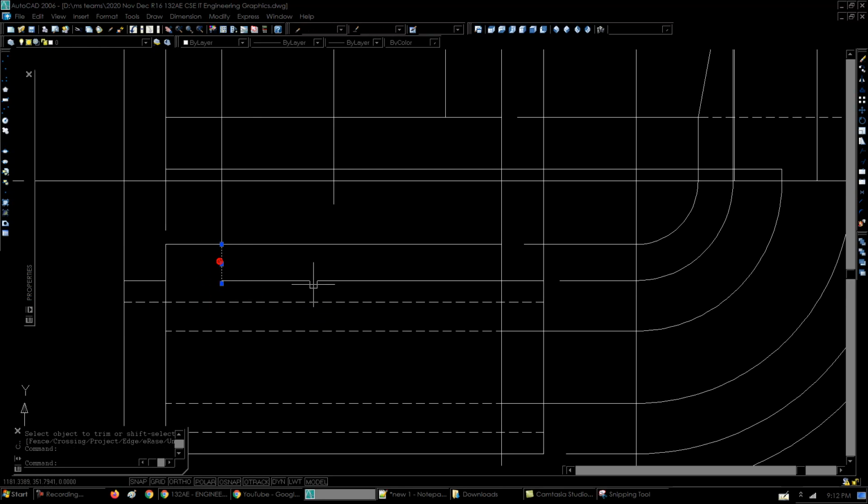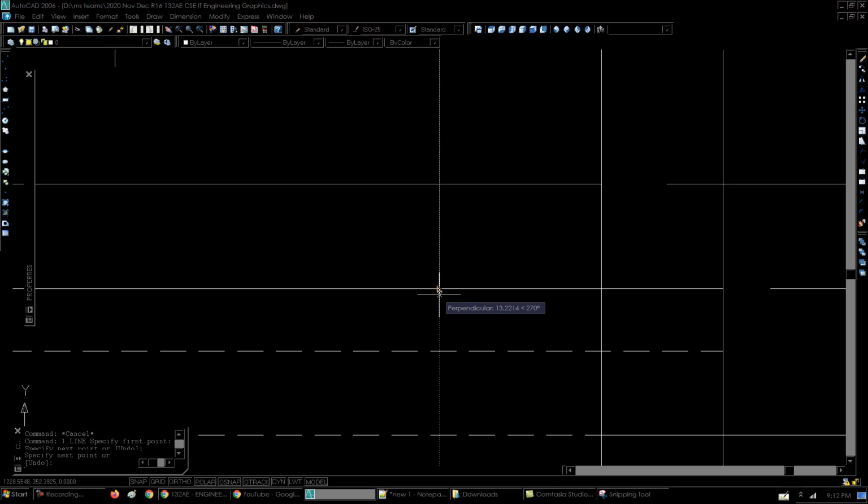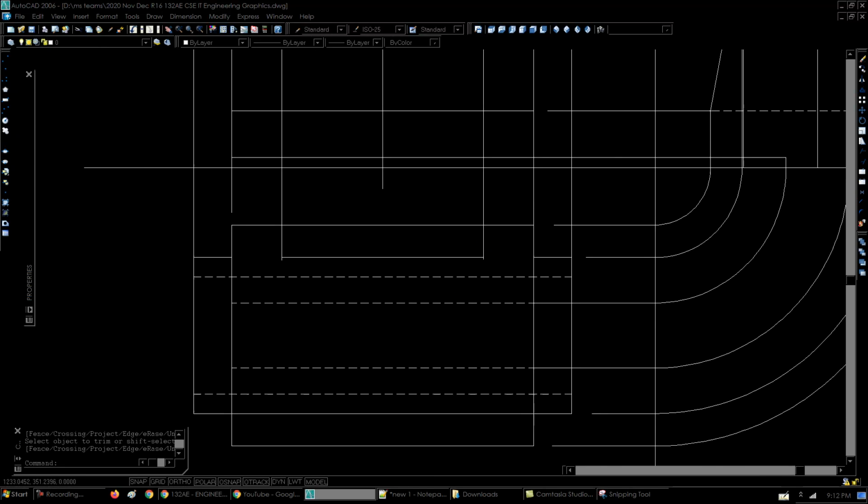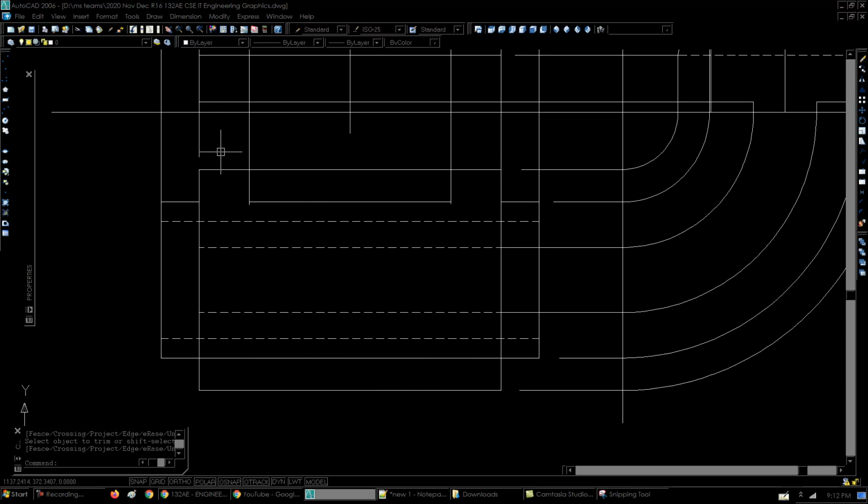So this here is the rib. Let me just draw this once again. It's not just touching it exactly, slightly penetrating into it. And the same thing I need to do on the opposite side of it. Once again, it's going to be penetrating like this.